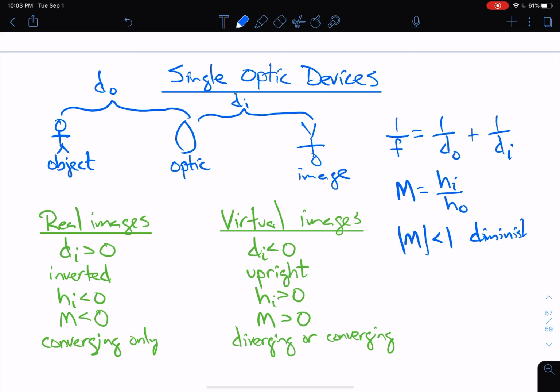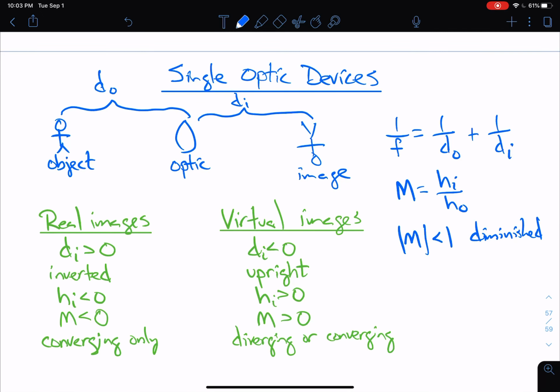Diminished. That means that the image is smaller than the object. Now notice I put the absolute value because it doesn't matter if it's inverted or upright. If the magnitude is less than 1. And on the other hand, if the magnitude is greater than 1, then we say it's magnified. I should have mentioned that sooner, but I definitely wanted to mention that here.